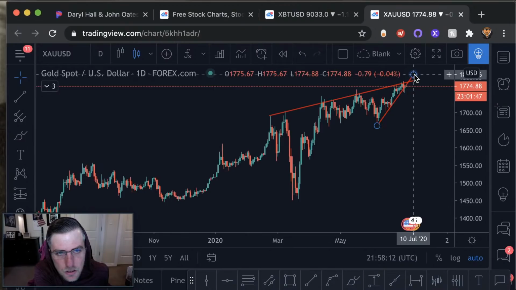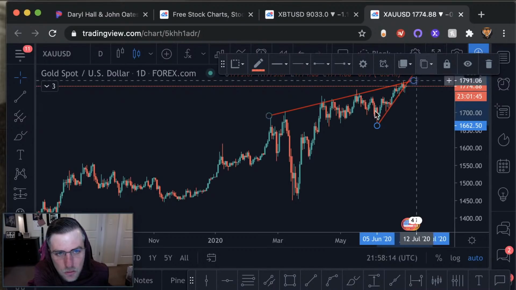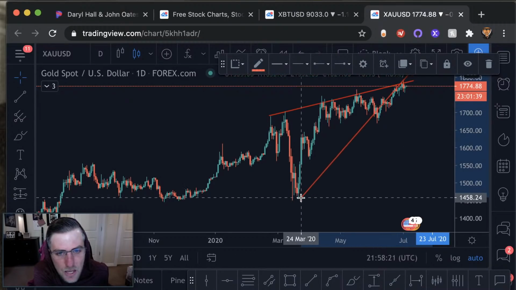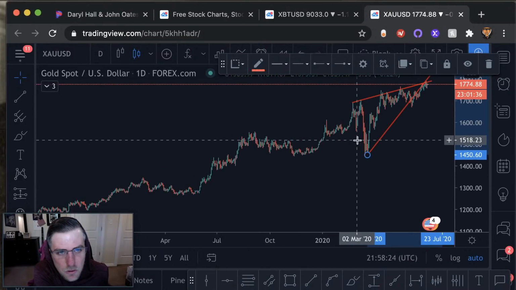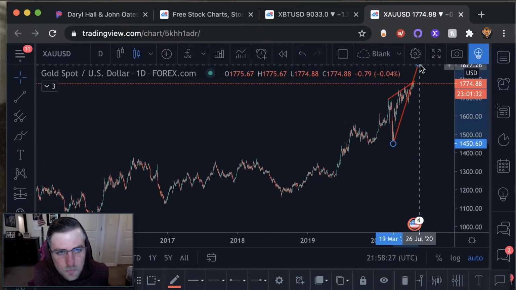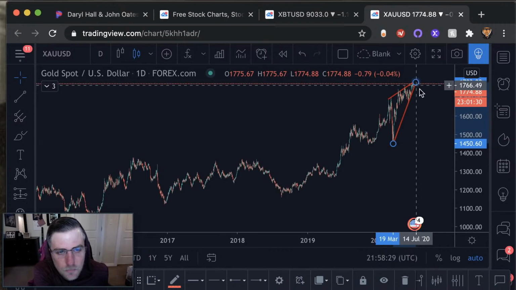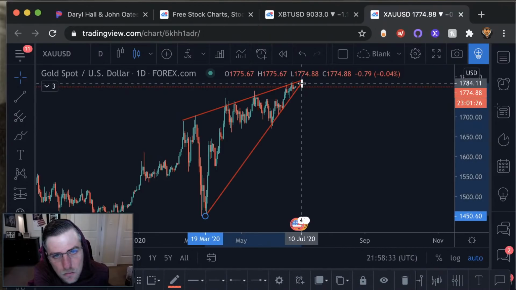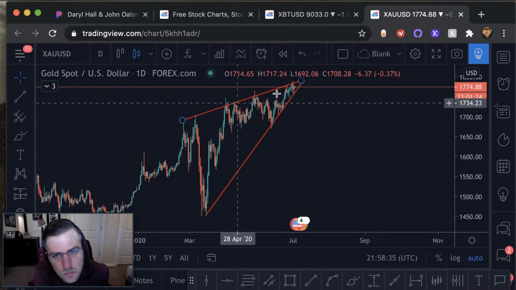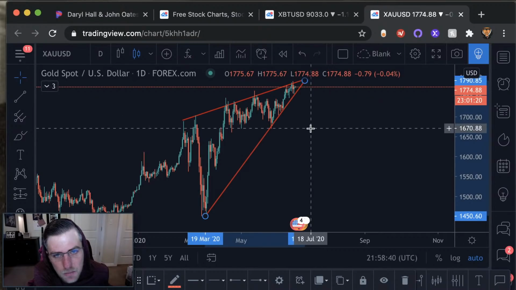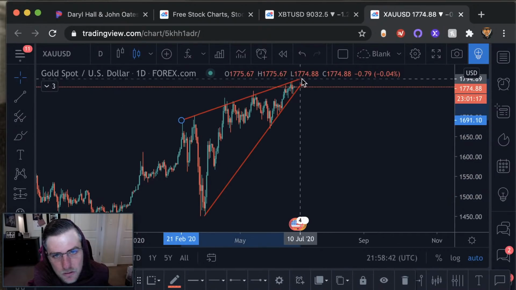Perhaps is the angle that it would want to follow if it can break through the top. And here we do see that this is really kind of coming to a head, there isn't much room left. We are coming to the apex of this, what could be considered a rising wedge.